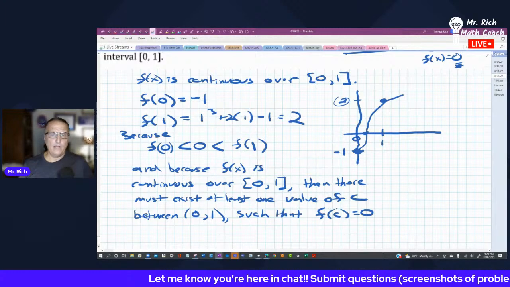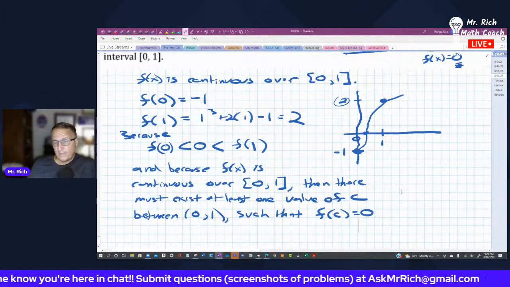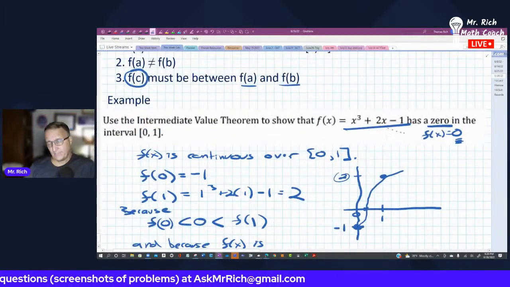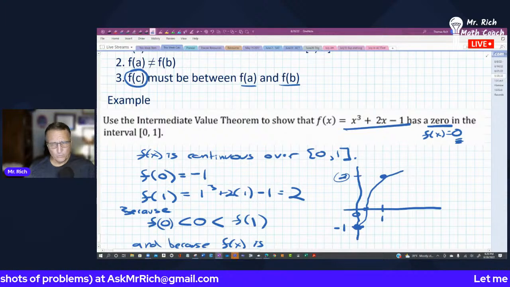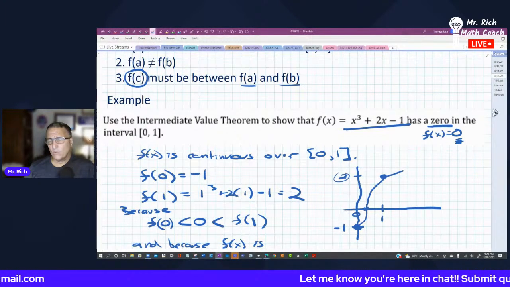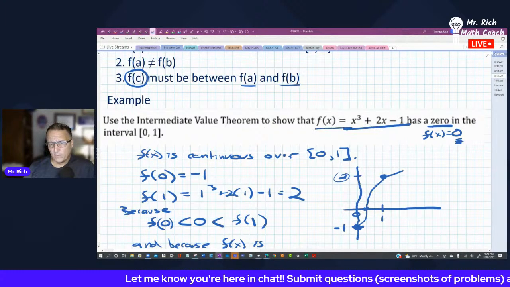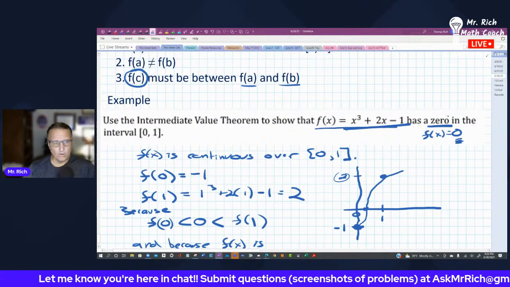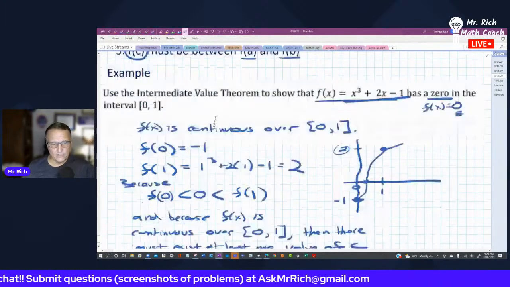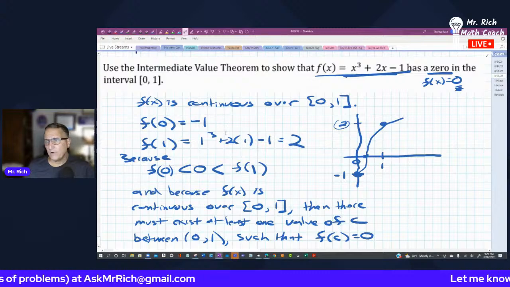Now, it didn't ask me to do this, but oftentimes on a problem like this, they'll ask you to go ahead and find that value of c, which means in this case, I would have to set the function equal to 0 and then solve for x. Or if it was checking to see whether this function had a value of 4 on the interval, then you would plug in c for x and set it equal to whatever that value is.